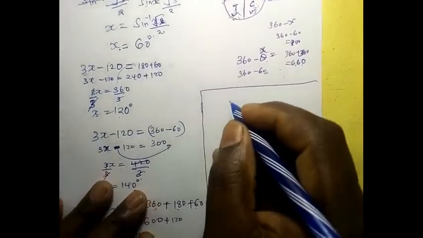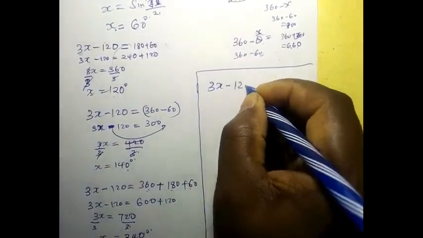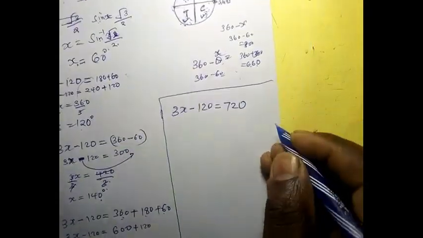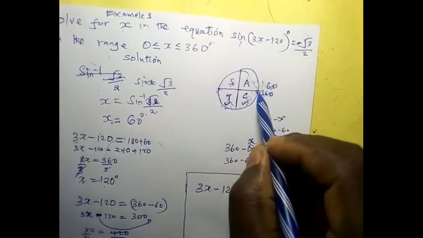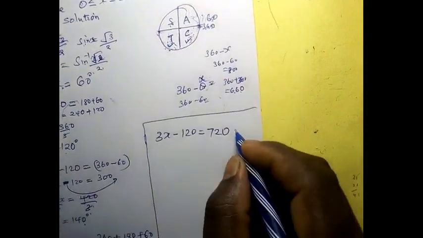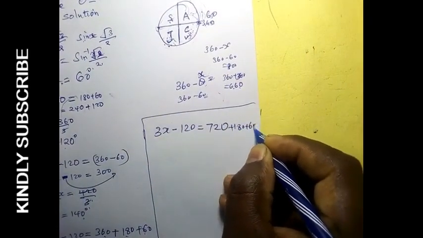Right? So the next one will be 3x minus 120 equal to 720, this first round. Now the second one, the angle we want is this, which is 180 plus 60.